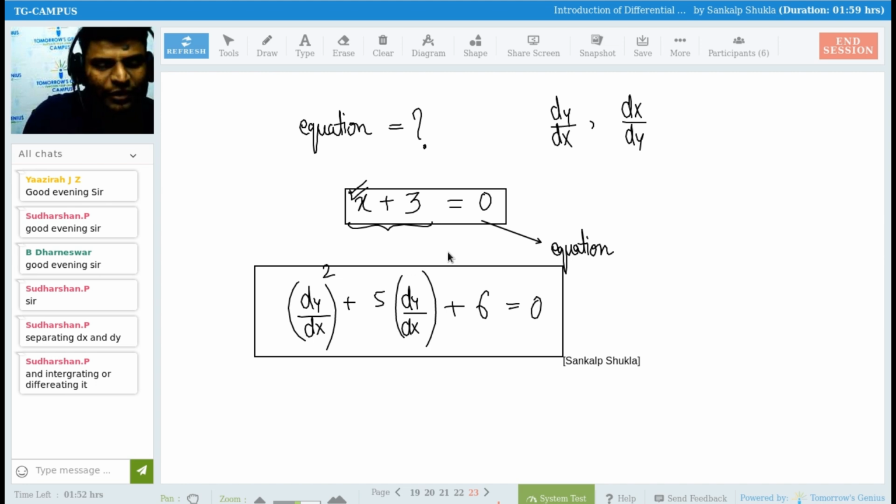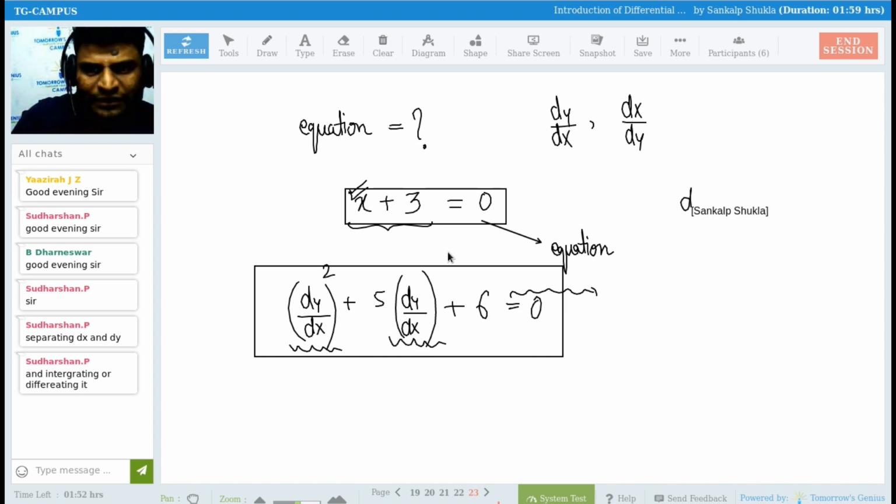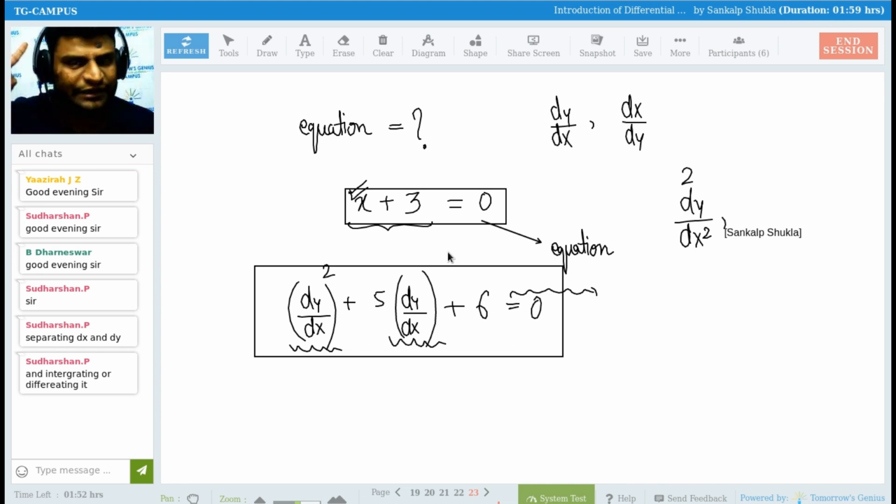Why? Because first we can see that this is an equation, and rather than having x as the main variable, we are having differential elements as the main variable. Okay, it could be dy by dx, it could be dx by dy, it could be second order derivative d2y by dx2, the ones that we studied in the higher order derivative.